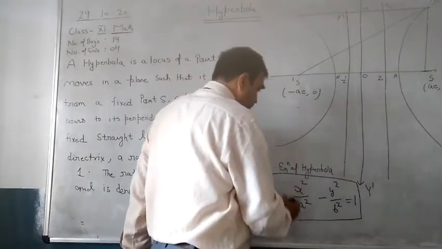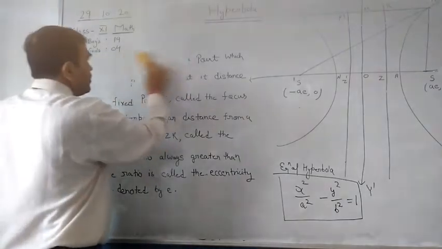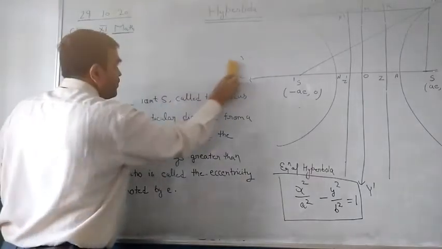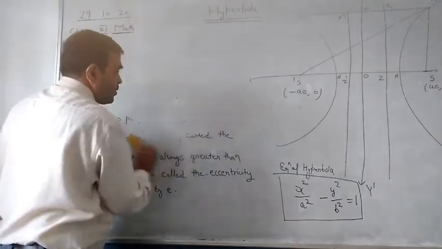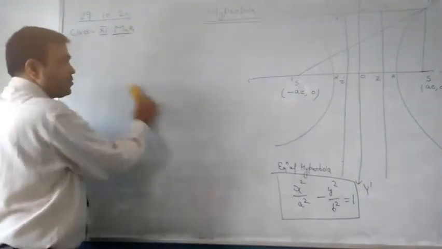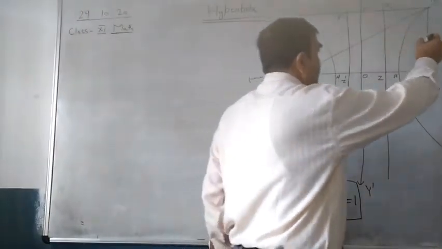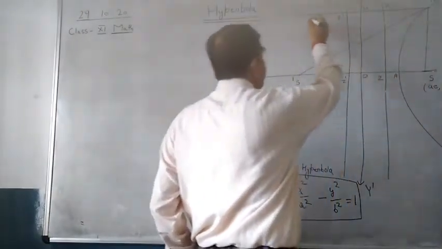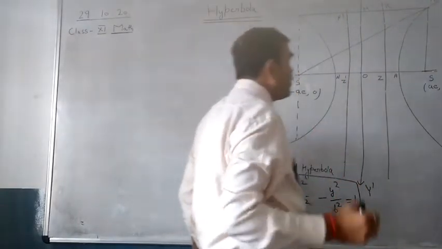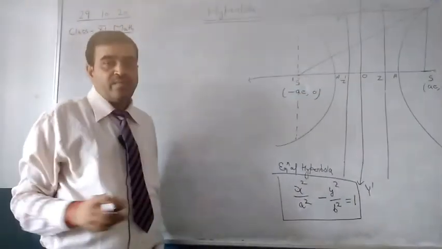This is the equation of the hyperbola. If we draw a straight line from this focus, perpendicular to the transverse axis, it is called the latus rectum.